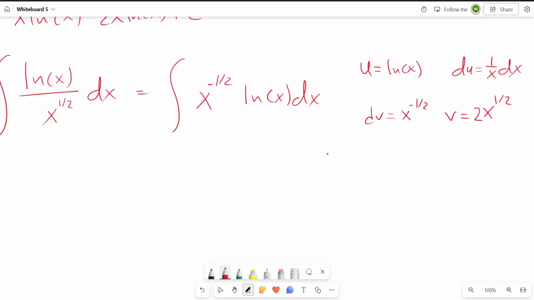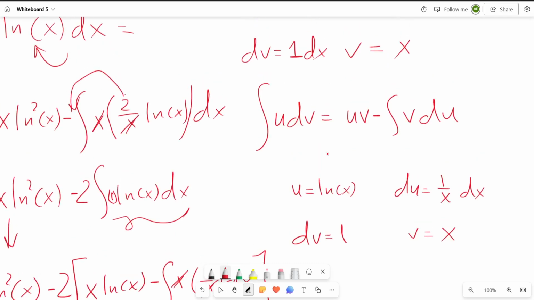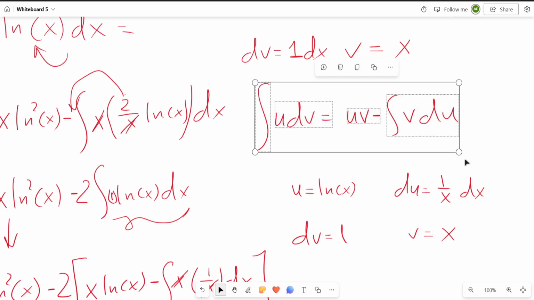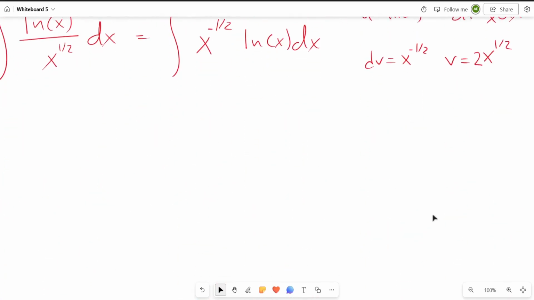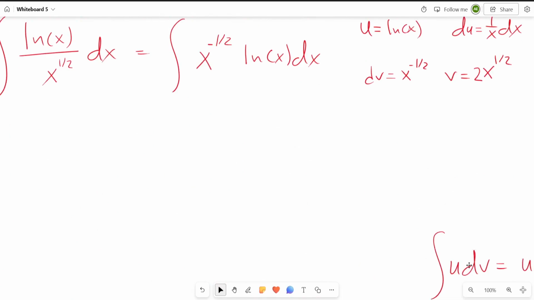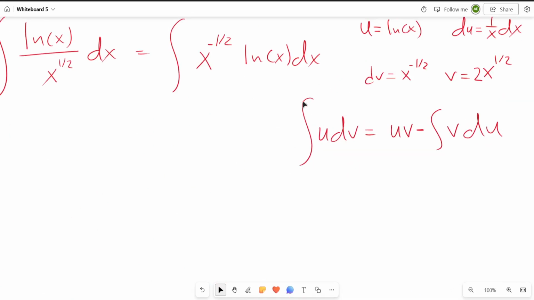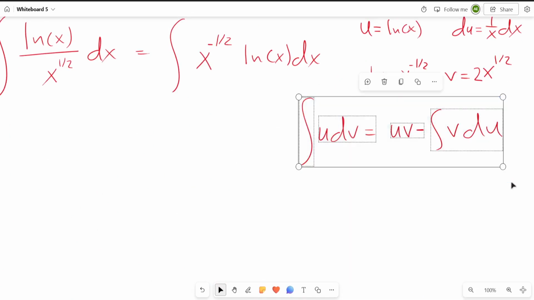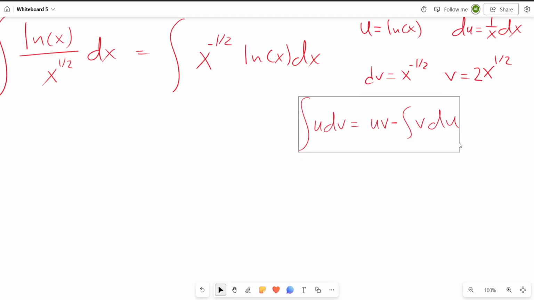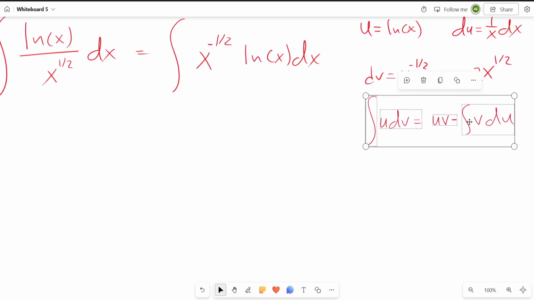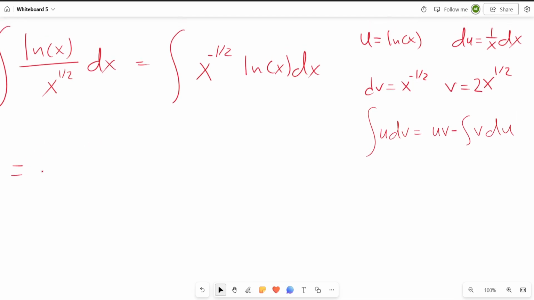Again, if we want to use our formula, let's try and copy it to have it in front of us. So if we want to use the integration by parts formula, what we can do is we can make it smaller, and this basically is going to equal uv.